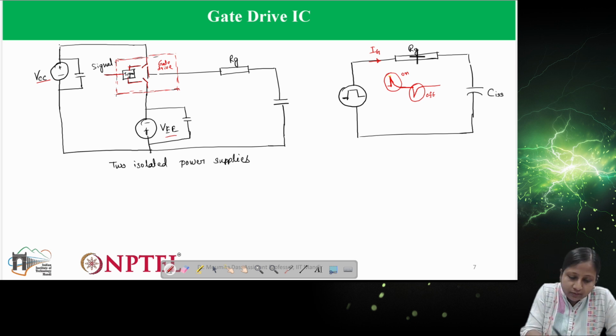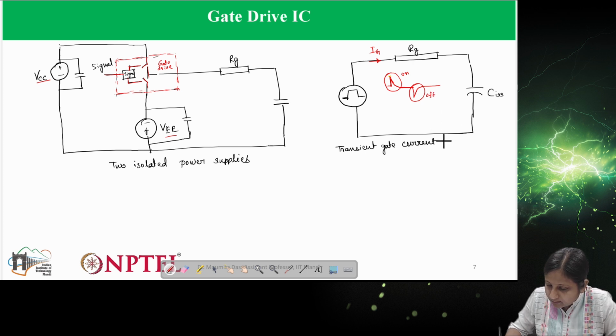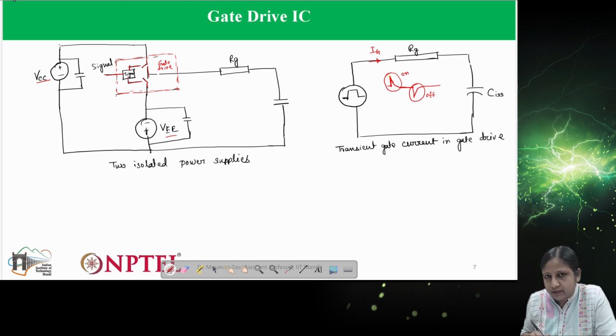So we can divide it, let me write this down. How is this resistance coming? There are actually three parts in this particular resistance.